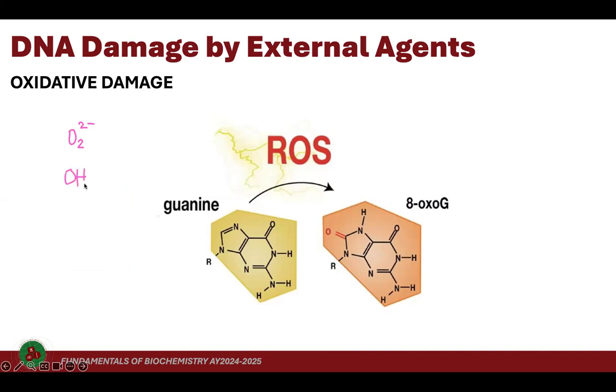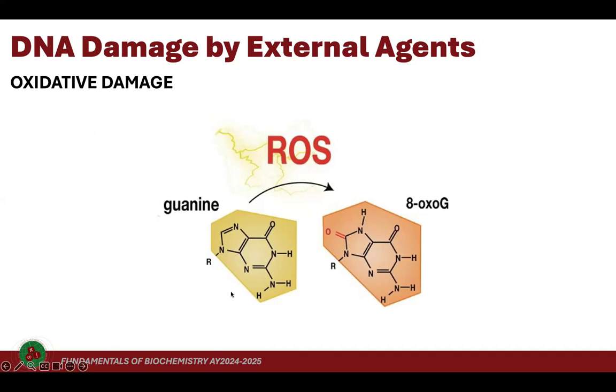So it's an OH, but instead of a full negative charge, it has an unpaired electron. It can be an oxygen molecule with an unpaired electron. These are the typical reactive oxygen species that can be formed inside the cell. And the most common one is the hydroxyl radical.